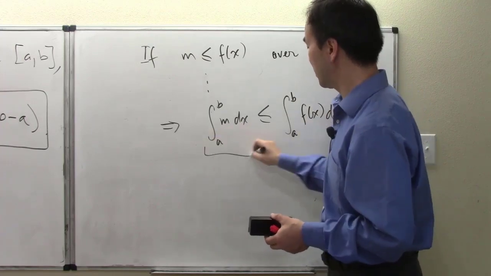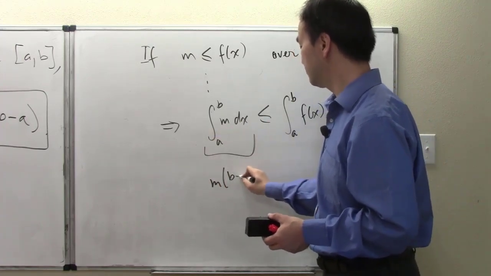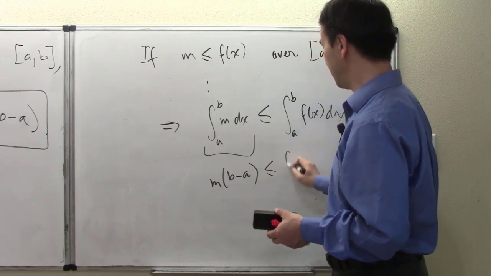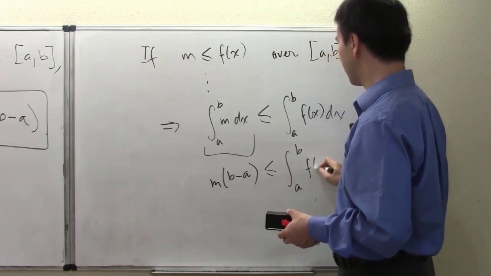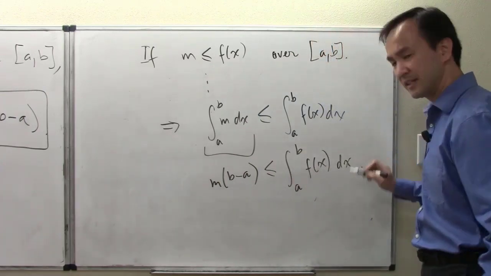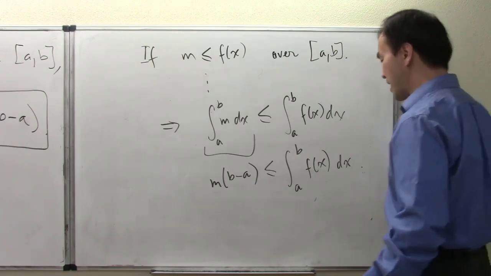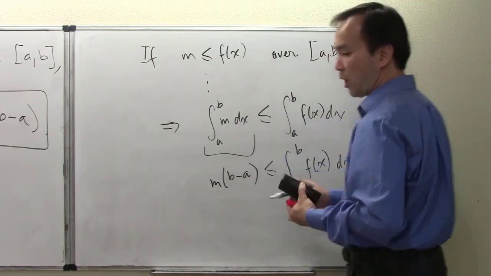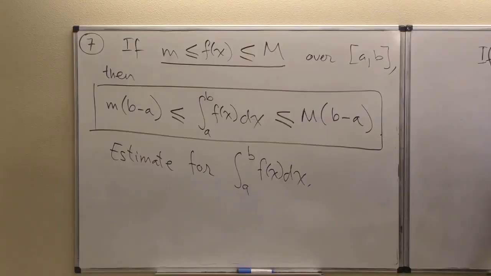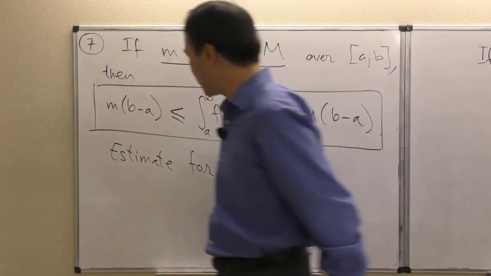That's why this one comes out to be m times b minus a, less than or equal to our integral of f of x dx. And so, putting it all together as one statement, that's how I have this property number 7 as one complete statement.